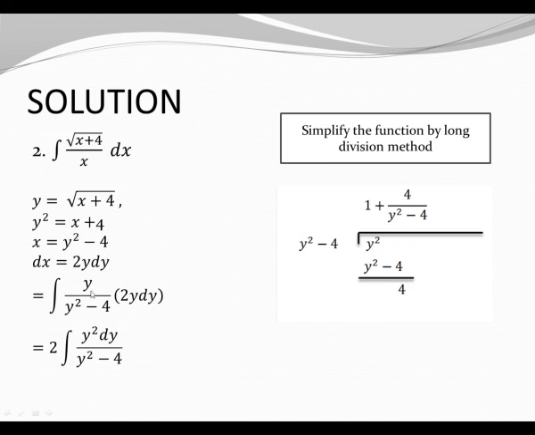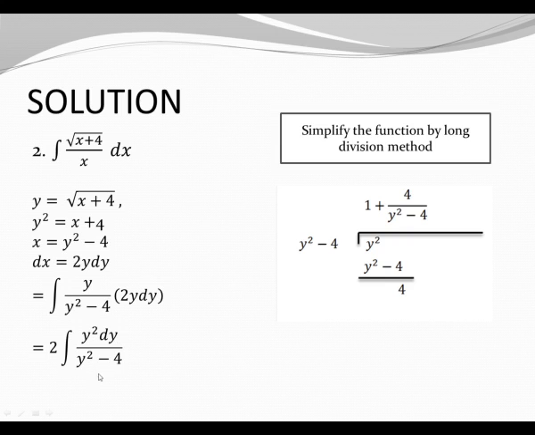Then simplifying, we multiply y by y, and that will be y squared. The numerical value of 2 we can express as the coefficient of the integral. So we have 2 times the integral of y squared dy over y squared minus 4.